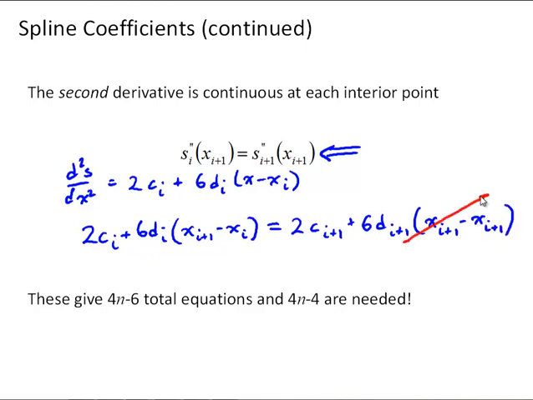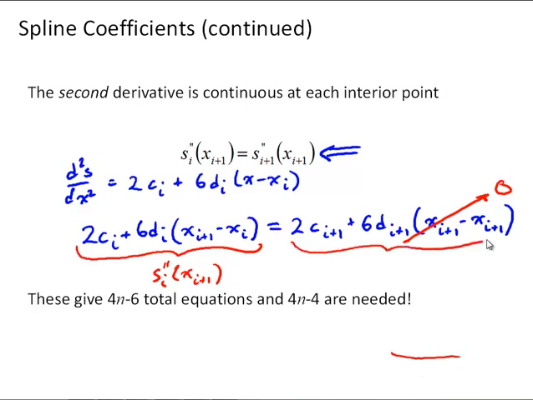Again, this goes to 0. So what we're looking at here is Si second derivative evaluated at xi plus 1, and then the right-hand side is Si plus 1, the i plus 1th spline function, second derivative evaluated at xi plus 1.